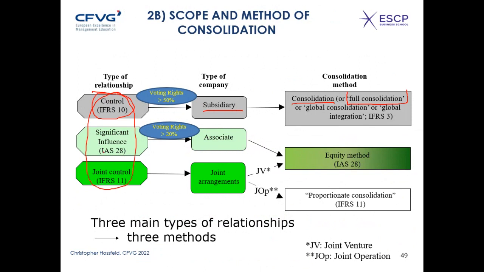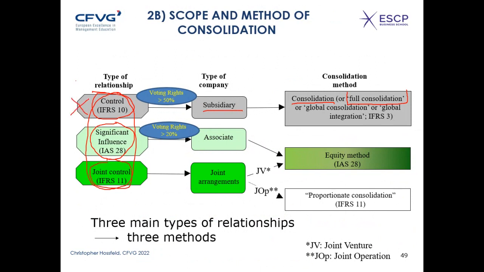Then there is a second type of relationship, significant influence. I will explain this later, which is less strong than controlling, but still those companies are included. And we have a 3rd type, joint control, they're also included, and we have a 4th type that is not included. Before we continue on this, let me talk about the notion of control.